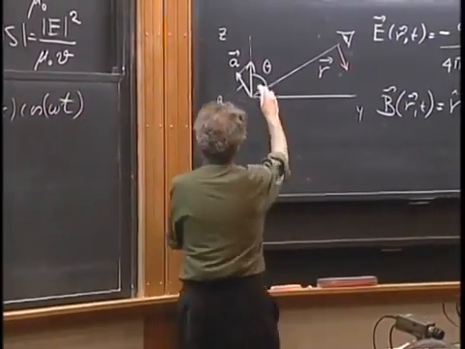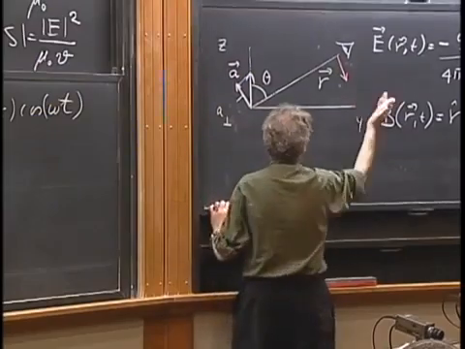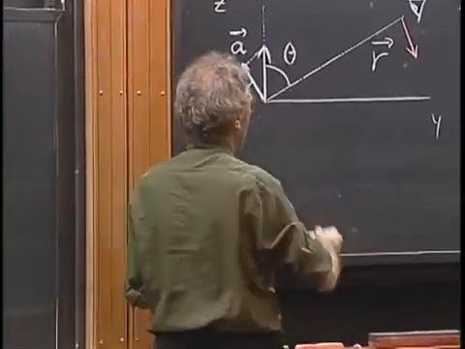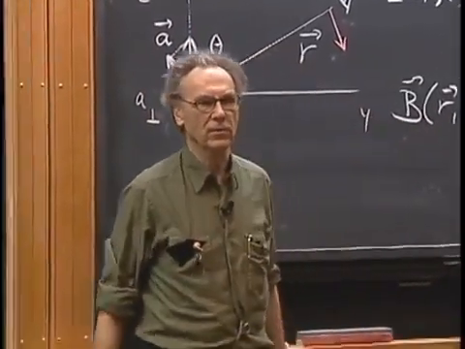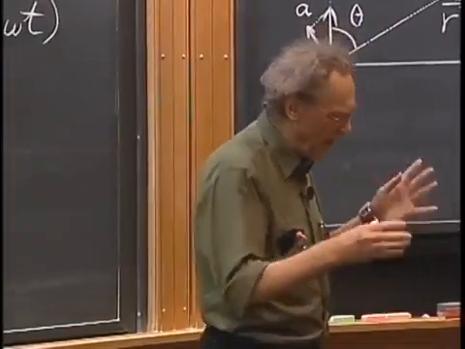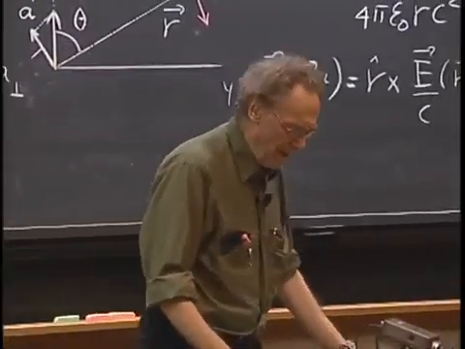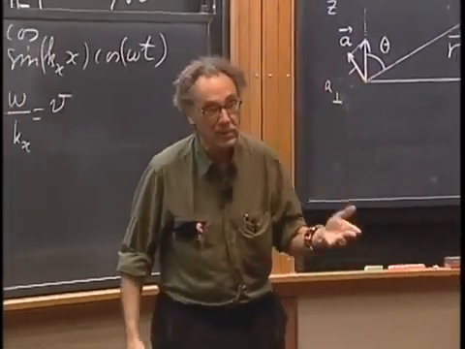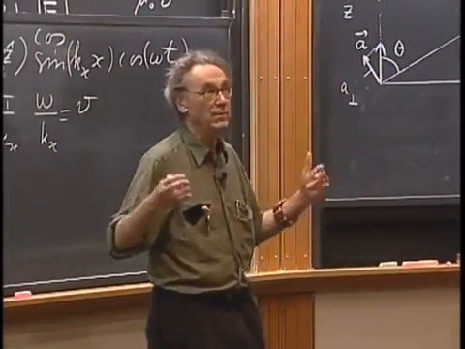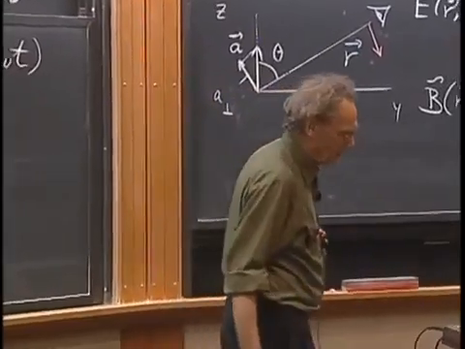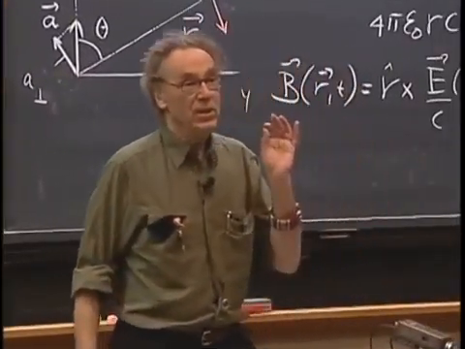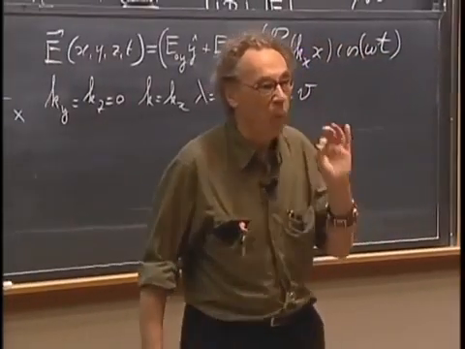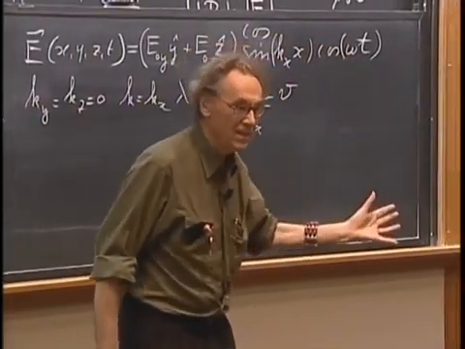If you happen to be at theta 90 degrees, you will see the maximum E possible. If you happen to be in this direction where theta is 0, you won't see any electric field. And so there's a very strong dependence of the magnitude of the E vector on the direction. And the same is true for the B vector, because the B and the E vector are always married to each other, so they get the same sine theta. So the Poynting vector is now going to be proportional to sine squared theta, because you have an E and you have a B.